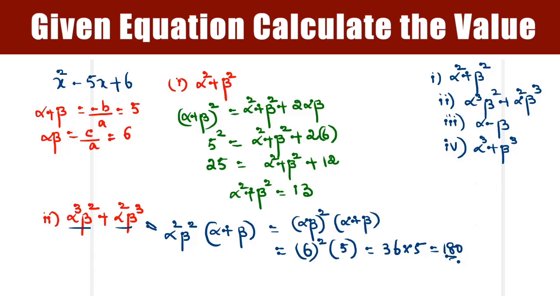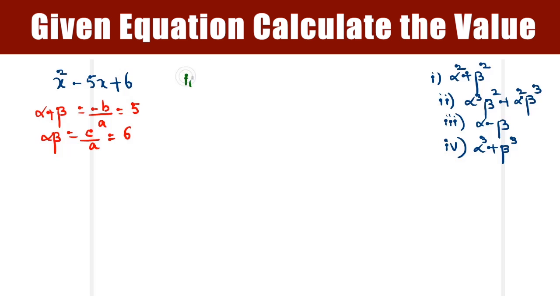So the answer for alpha cube beta square plus alpha square beta cube is equal to 180. Now let's try the third one. The third thing that we're expected to calculate is alpha minus beta. In order to understand alpha minus beta, let's go back to a revision of polynomials. We know that alpha minus beta, the whole square, is equal to alpha square plus beta square minus 2 alpha beta.